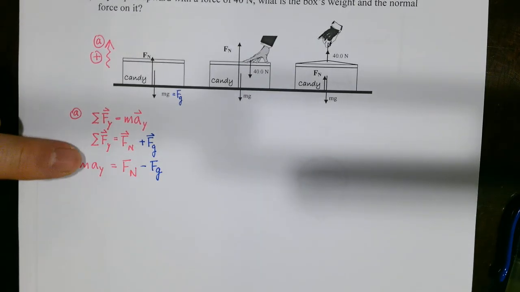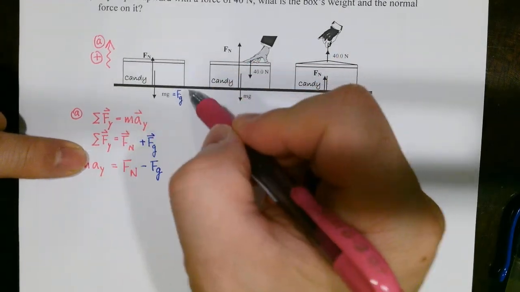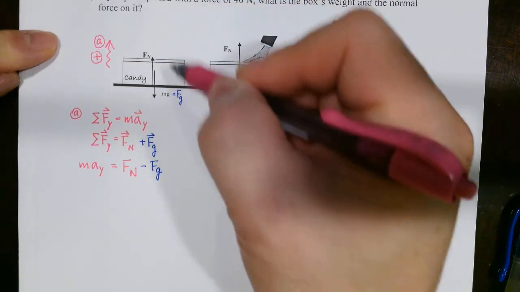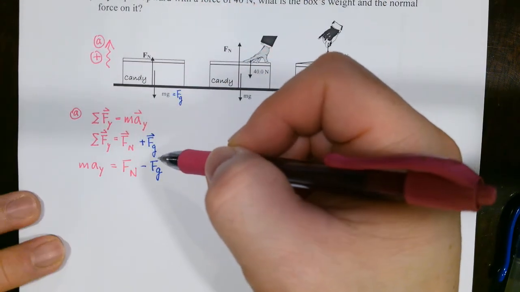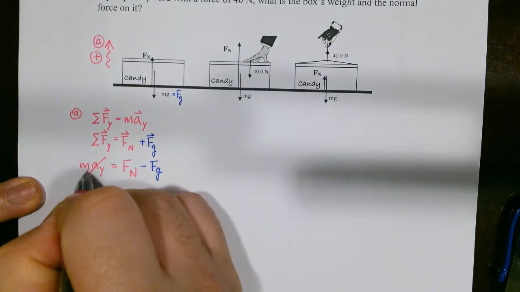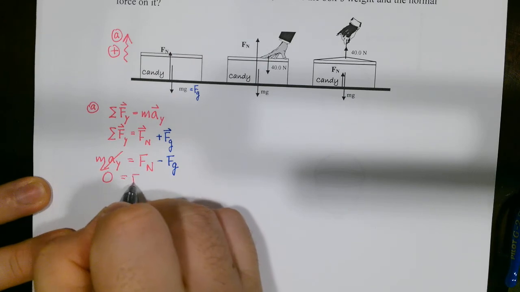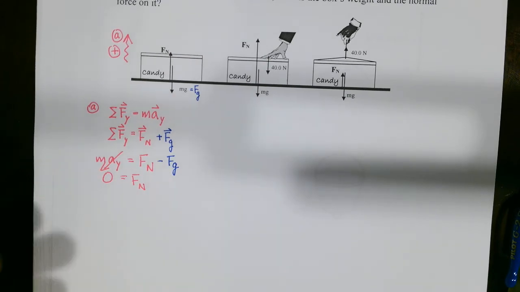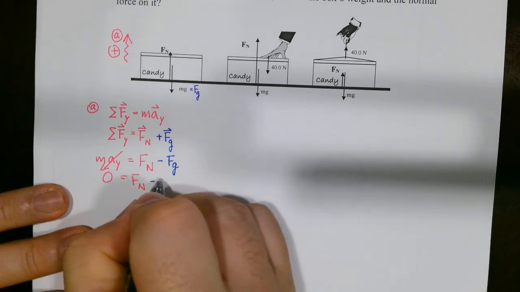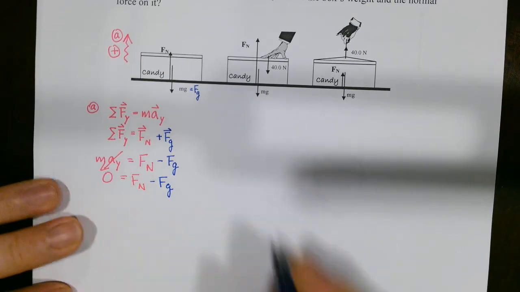However, this candy is not going to accelerate up, or accelerate through the floor, so my a y is 0. So 0 is equal to my F normal minus Fg.